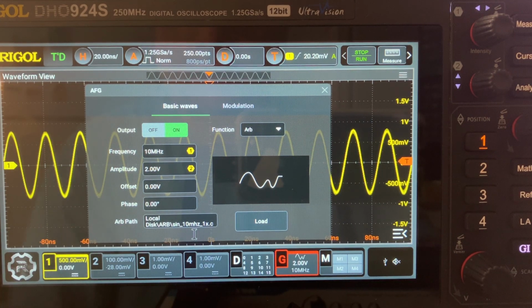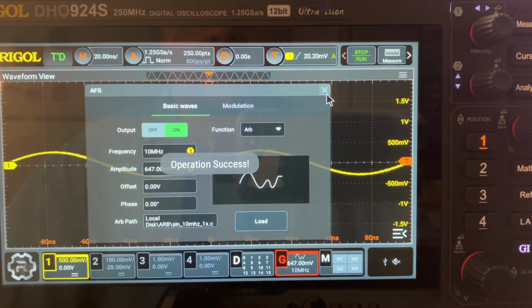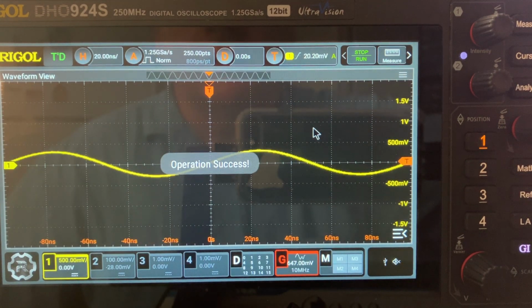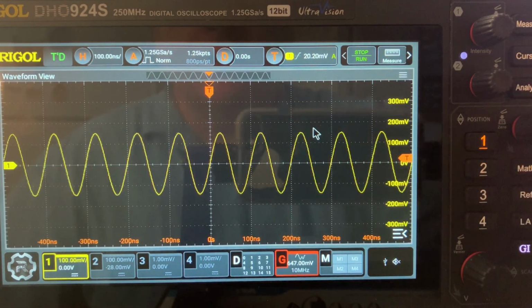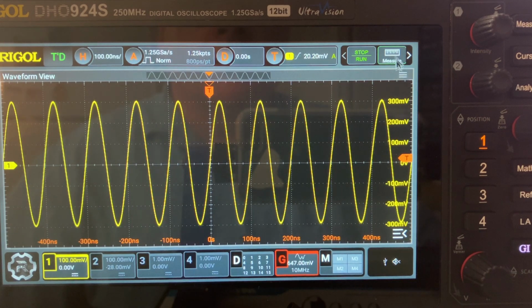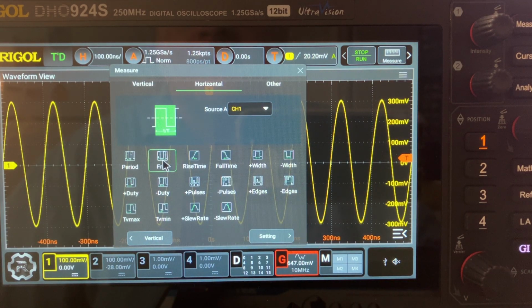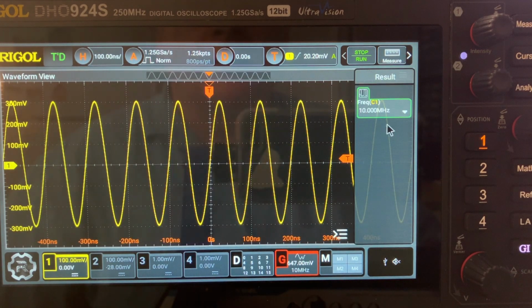So if you draw a single phase of a sine wave, you end up with 10 megahertz. So it was loaded at 10 megahertz. This is the shape, just to show you the frequency: 10 megahertz for a table that is generated with one cycle of sine wave.